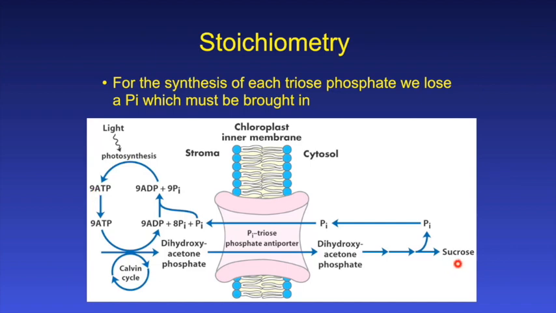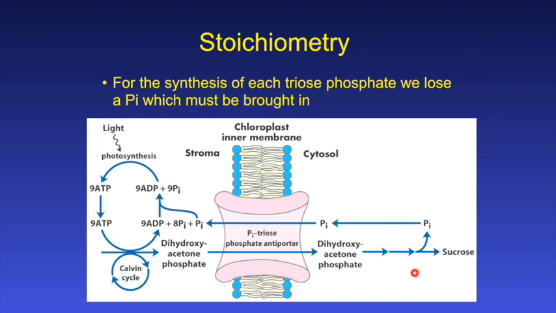But to make sucrose, the nice sweet sugar, the dihydroxyacetone has to be transported out of the stroma, and it pulls it this way. If by chance I just had this happening and I made lots and lots of sugars and I only had this bottom part happening, photosynthesis would stop, because with every one of these that is transported out, I take away a phosphate.